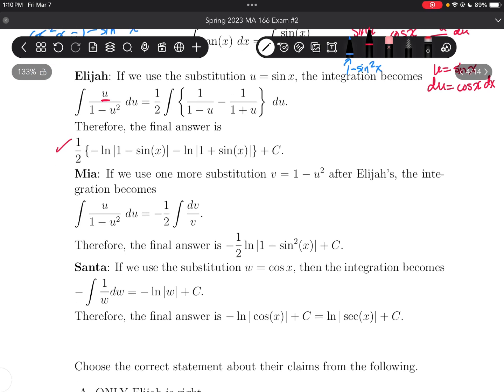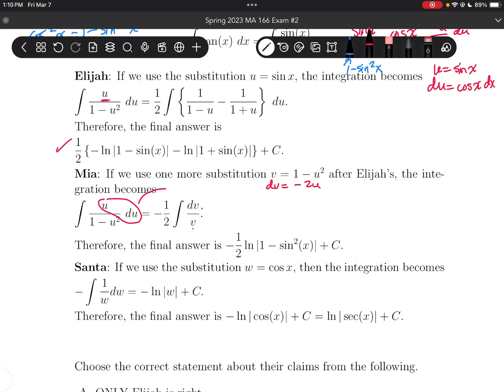Okay. Mia goes a step further by taking this first u sub step and then doing one more substitution by saying v equals 1 minus u squared. That would make dv equal negative 2u. And so she plugs in v for the denominator here, and negative 1/2 dv for u du.